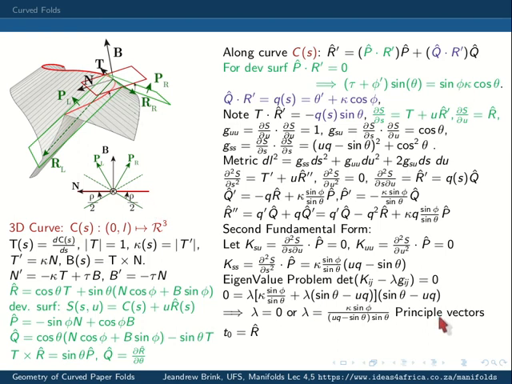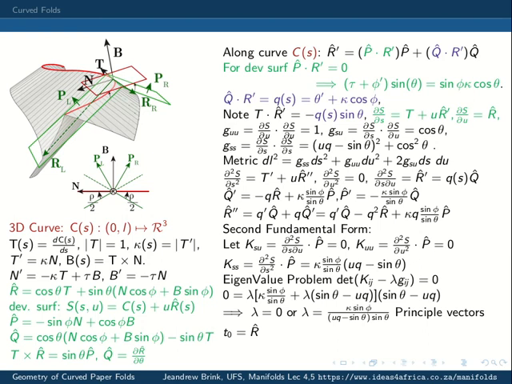If you were to take any random piece of paper and curve it, work out the metric and the curvature tensor in any coordinate system, and solve that eigenvalue problem, you would have vectors that point one along the ruling direction and one at 90 degrees to the ruling direction where the optimum curve is taking place.